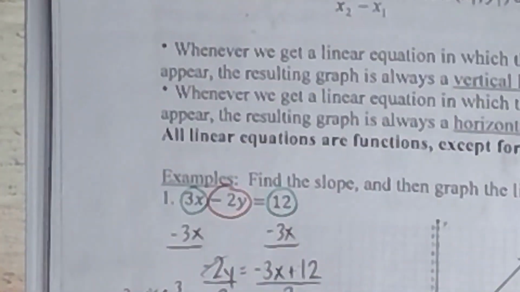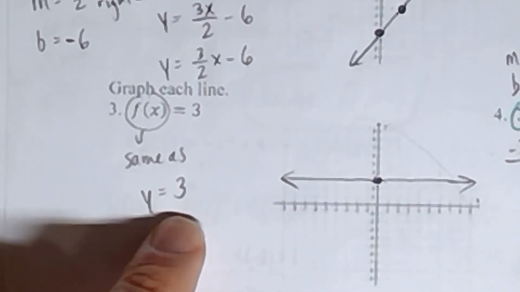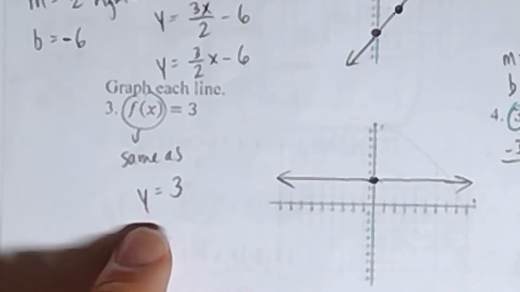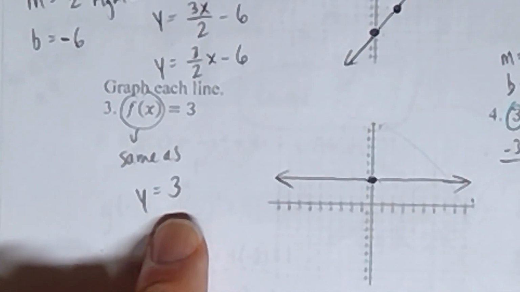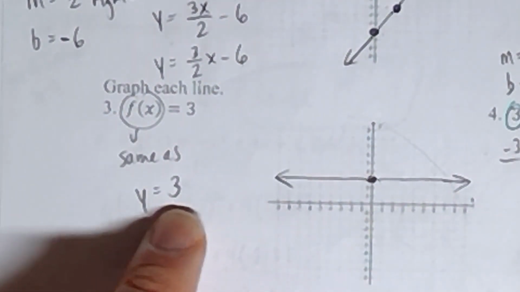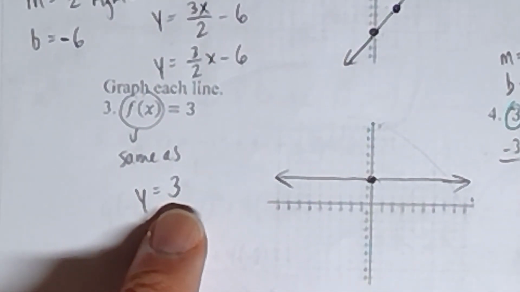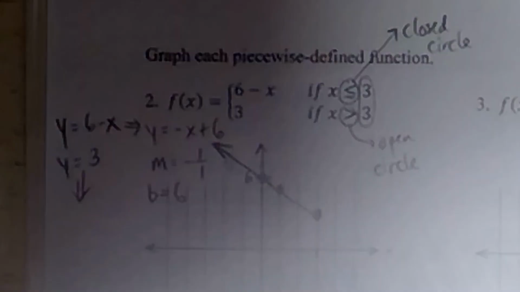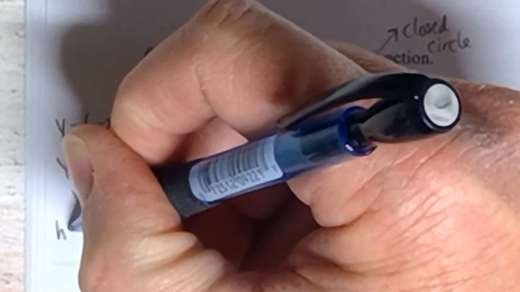We know that when you have y equal to something, and no x, y by itself equal to something, that line is always going to be horizontal. In fact, this one is exactly what we're looking at right now. It's y equal to 3. But if it was y equal to 4 or y equal to 6, if there's no x, then it is horizontal. So that's exactly what happens here. This graph right here is horizontal.